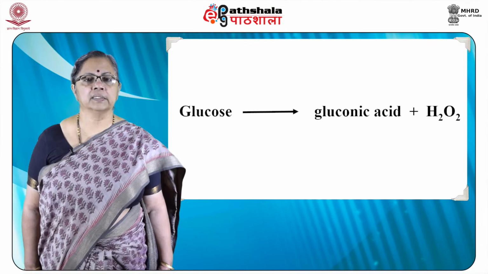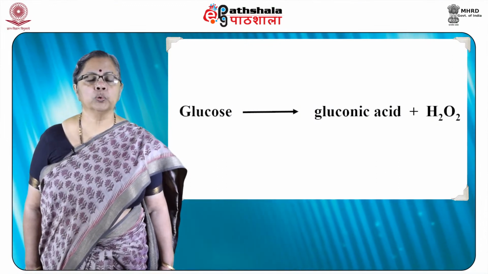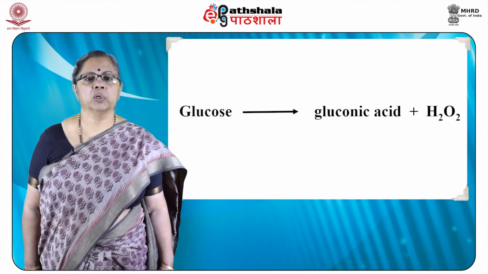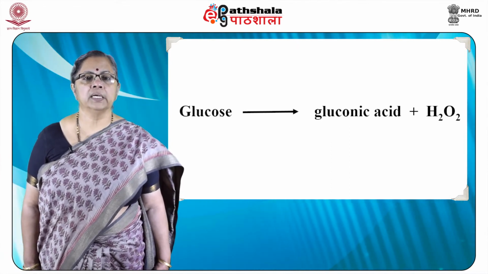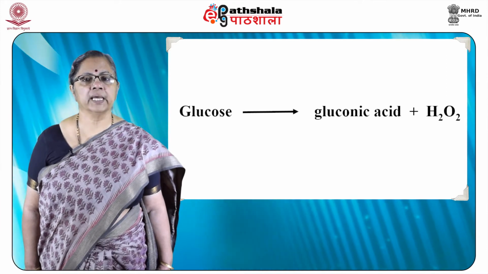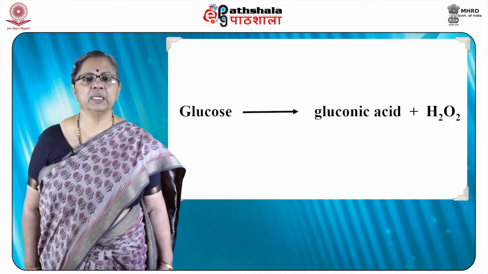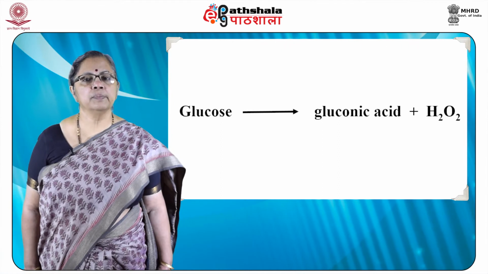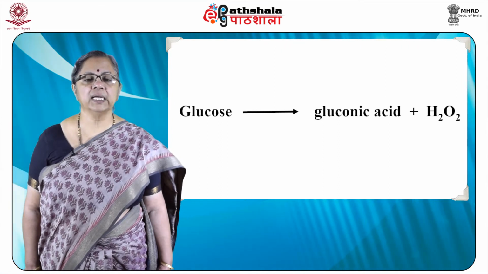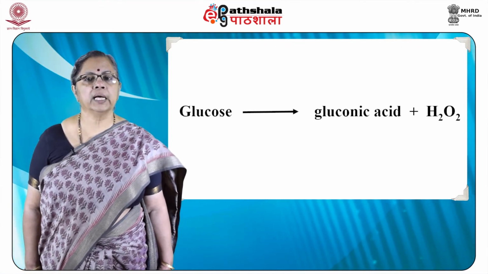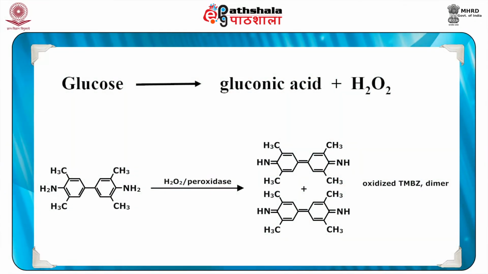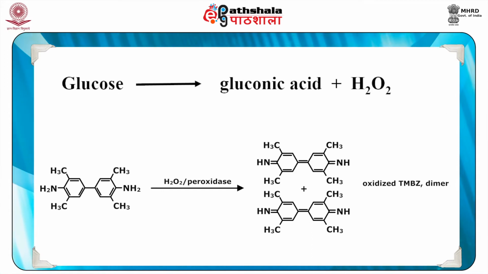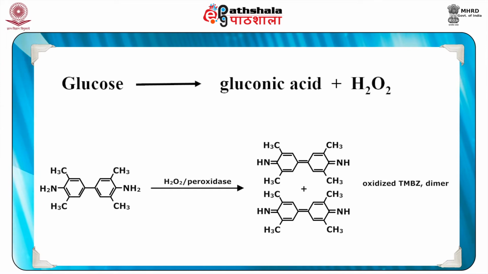In either case, the substrates are oxidized, releasing hydrogen peroxide, which is unstable and therefore is made to reduce a colorless substrate into a colored product by a second reaction which uses peroxidase, which acts on hydrogen peroxide releasing oxygen.